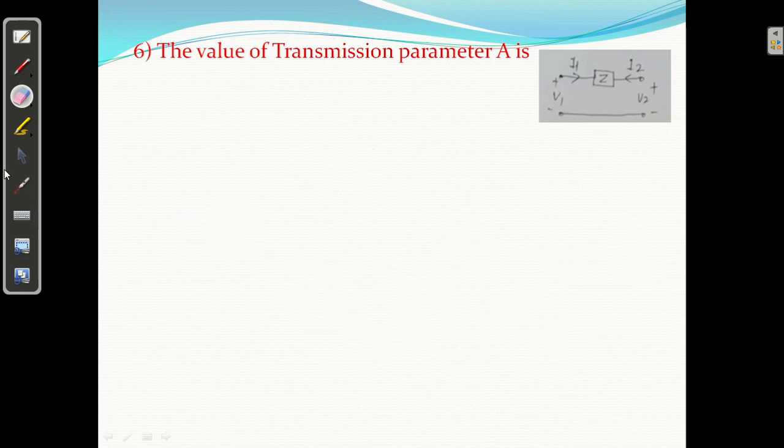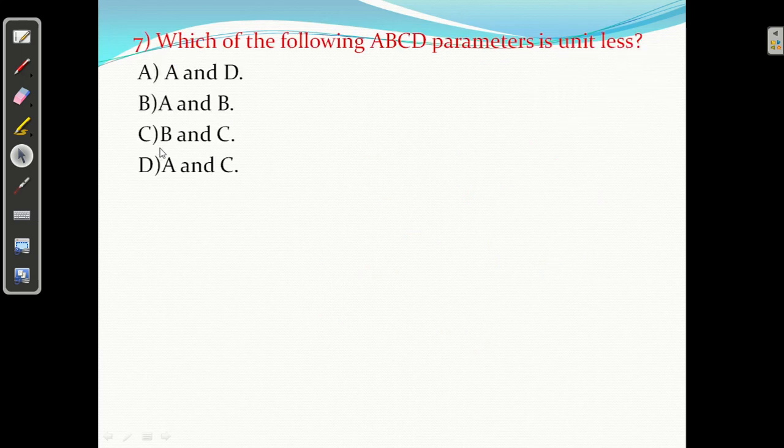Okay, next, question number 7: which of the following ABCD parameters is unitless? To attempt this, we have to write the equation of the transmission parameters.